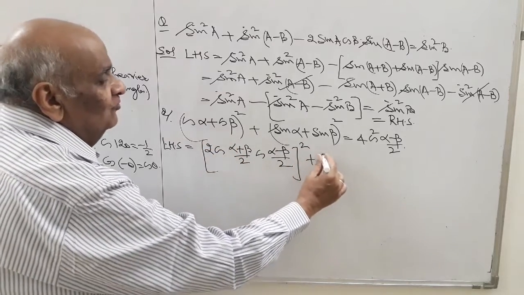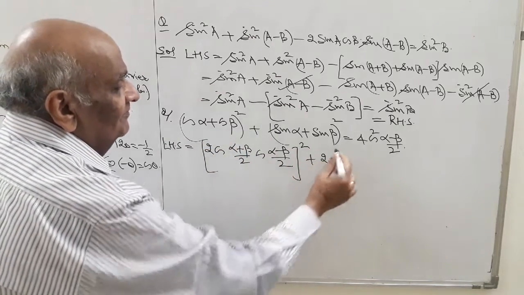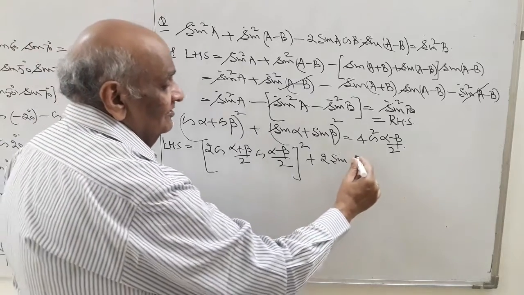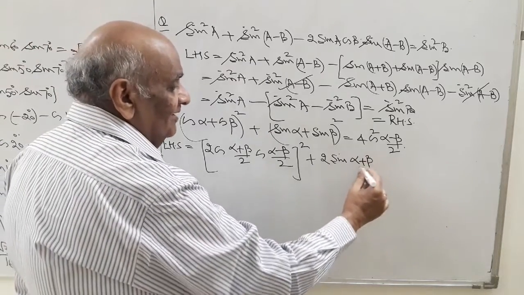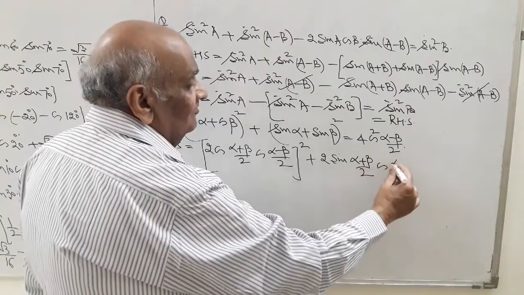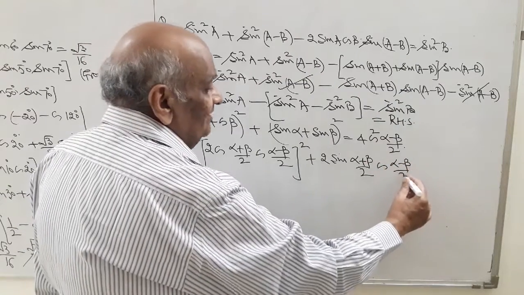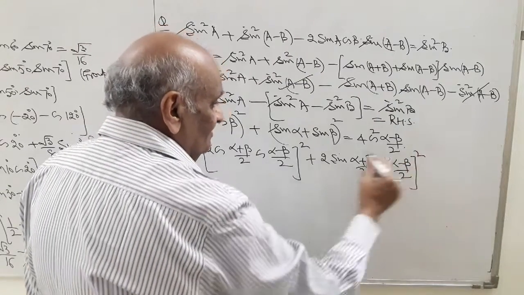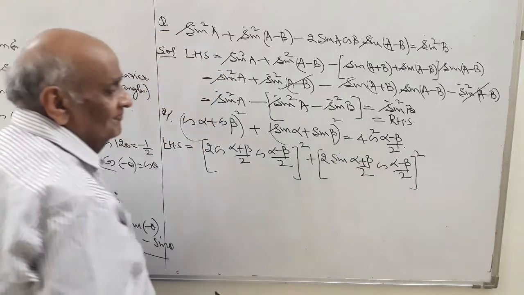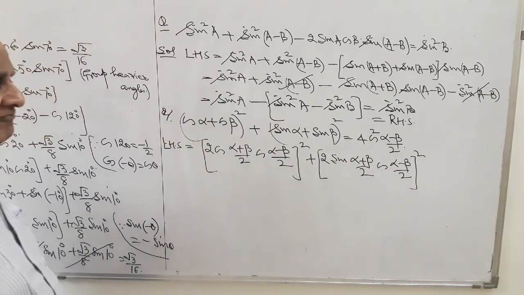Then it is 2 sine, CD formula. First, alpha plus beta by 2, cos alpha minus beta by 2 the whole square. Apply the CD formula.